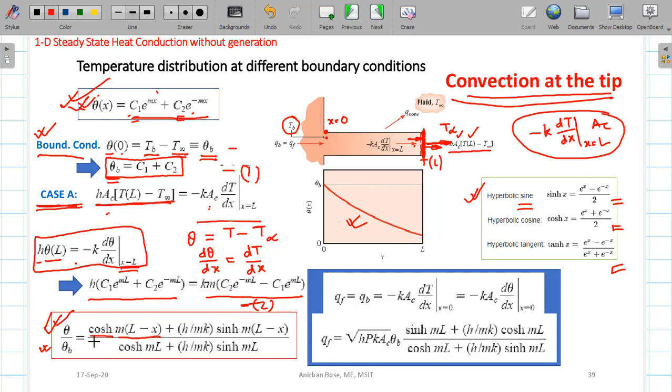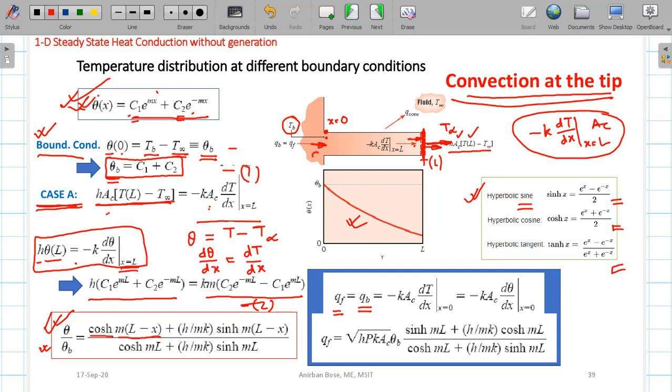So once you know theta, the second thing is you have to find out the rate of heat transfer to the fin, and you can find that in this way: Q of fin is equal to QB. What is QB? QB is the rate of heat transfer at the base by conduction.